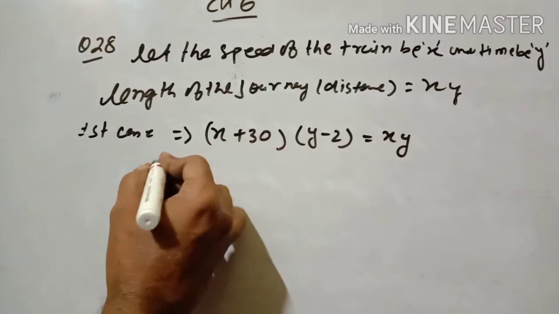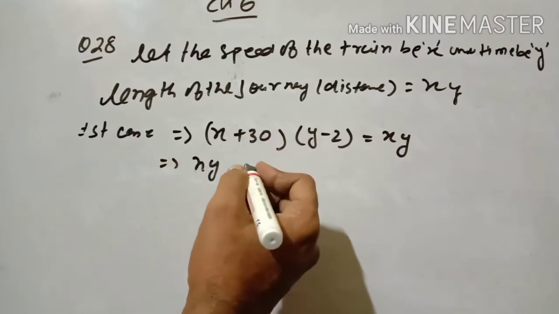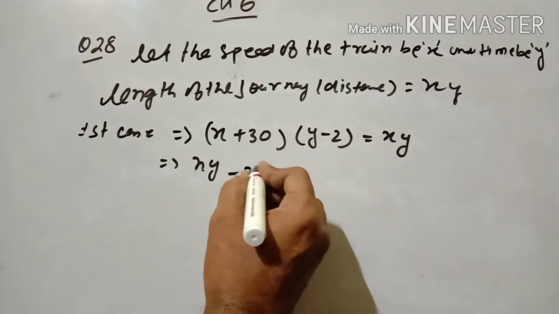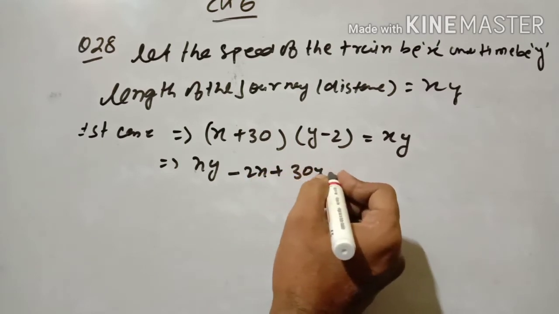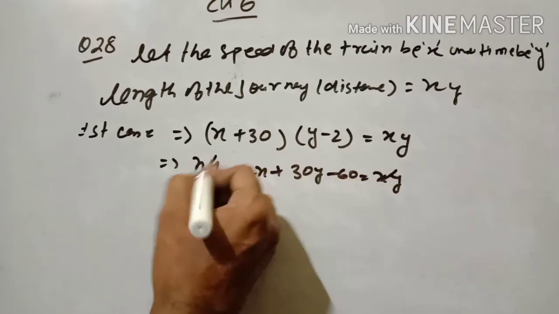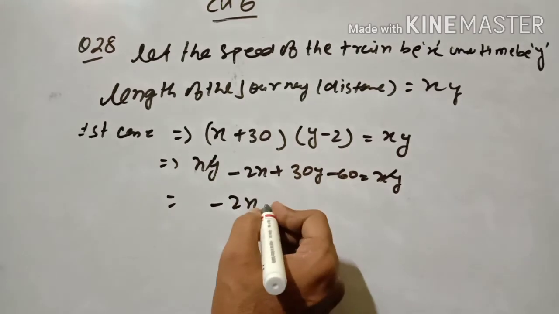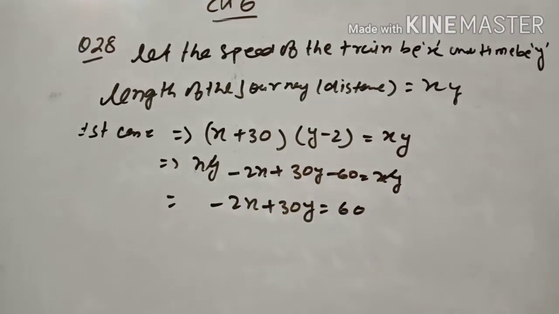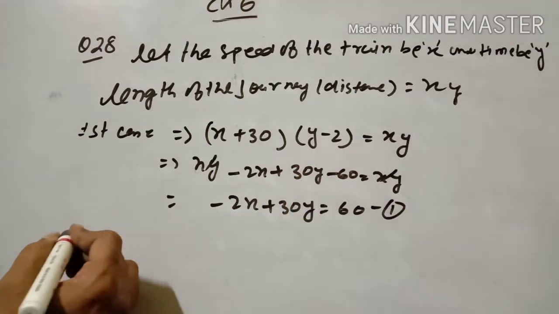So (x plus 30)(y minus 2): xy minus 2x plus 30y minus 60 equal to xy. Remove xy from both sides, so minus 2x plus 30y equal to plus 60. Let it be equation number 1.